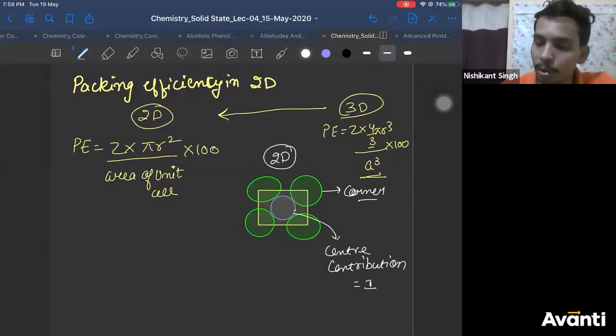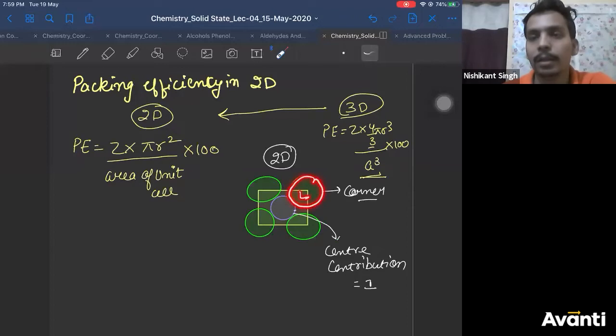Now, when you talk about this corner particle, this angle is 90 degree, right? So this corner particle is present in how many squares? Just see this. So it is shared in how many squares? 4. So what part belongs to this square? 1/4 here, 1/4 here, 1/4 here, 1/4 here. Now this is ground floor.